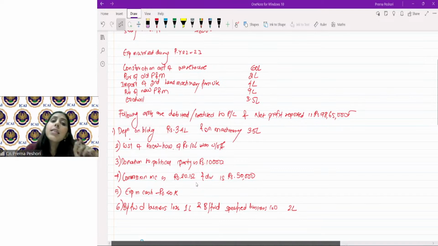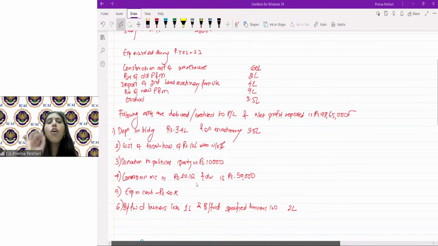Now, there is an exception to that. What is the exception? That this particular machinery will not be considered as old plant and machinery. So even if old plant and machinery is transferred to the specified business, it will not be considered as violation if the value of the old plant and machinery is less than 20% of the value of total plant and machinery.